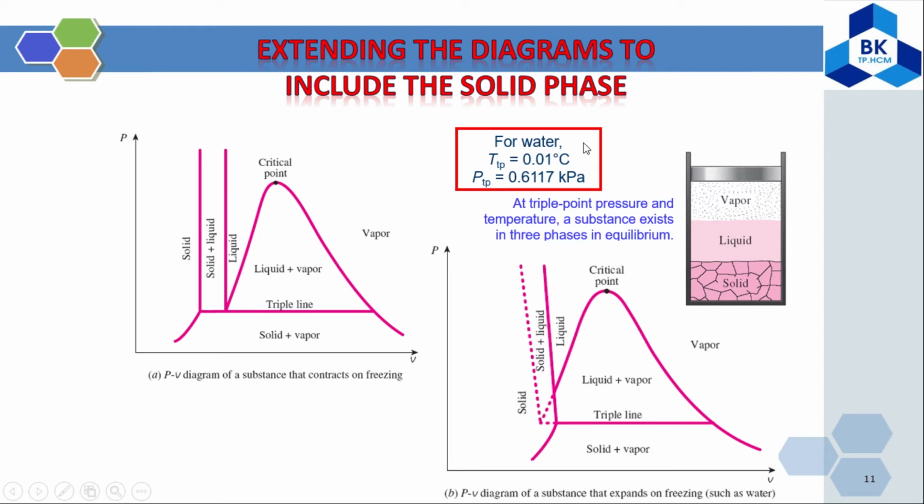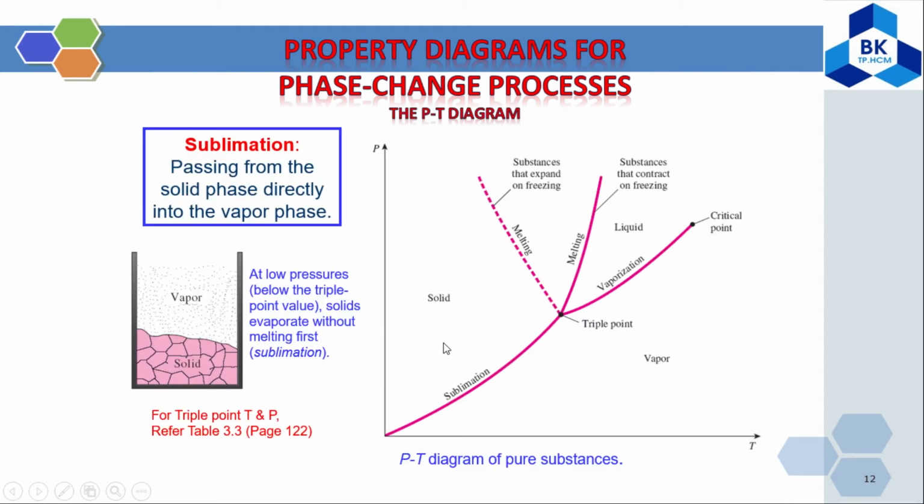For example, for water, at the temperature of 0.01 degrees Celsius and the pressure of 0.6117 kilopascal, we got the triple point, okay? You see that it separates the diagram into 3 zones. This one is the solid phase, this one is the liquid phase, and this one is the vapor phase.